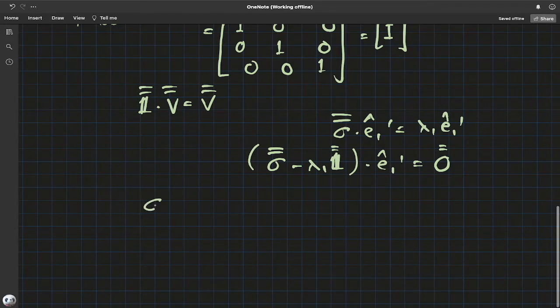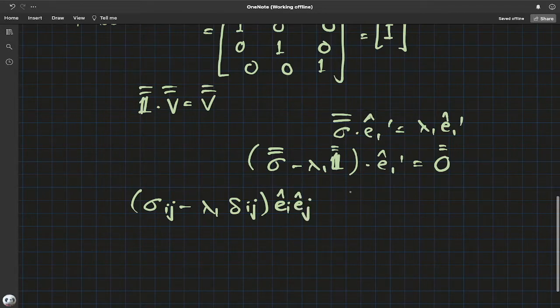Okay, we can just simplify this a little bit. Kronecker delta ij with a common subscript of e1 tensor ej dot e1 prime is equal to the 0 tensor.